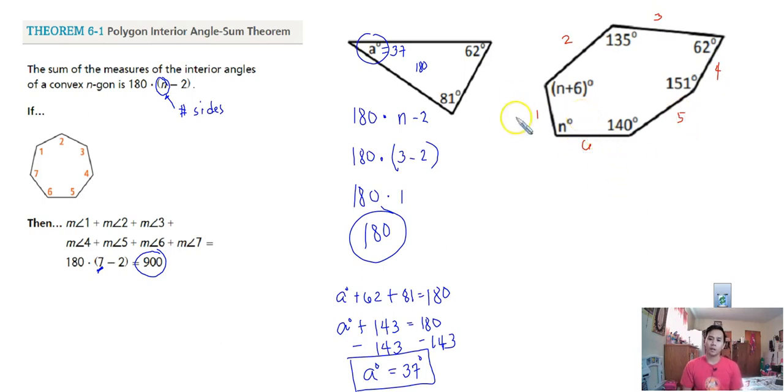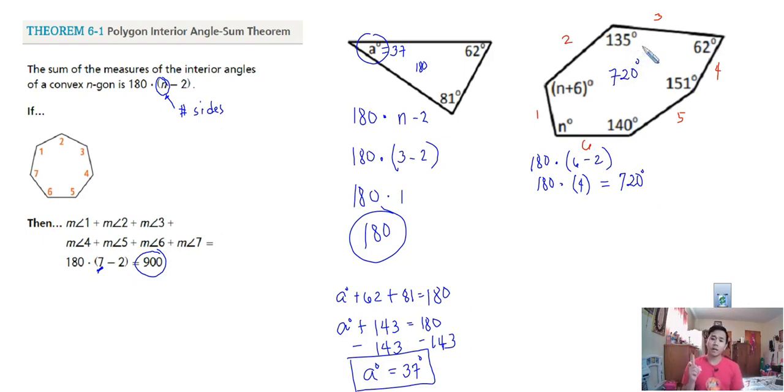There are 6, so 180 times 6 minus 2 gives me 180 times 4, which is 720. So the sum here is 720.